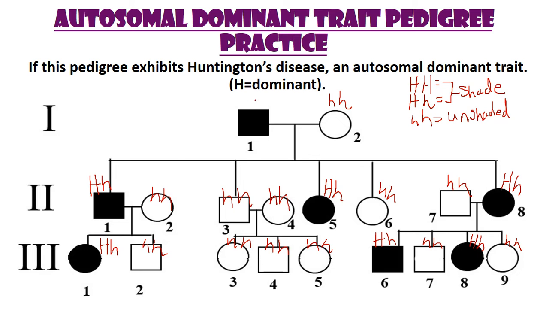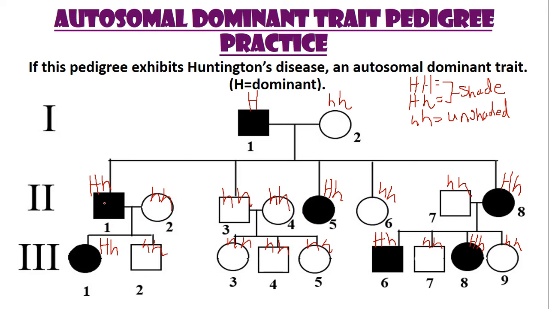All right, let's figure out grandpa up here. Generation 1, individual 1. We know it's a big H. Now we need to figure out, is grandpa big H, big H, or is he big H, little h? The only way that grandpa here can be big H, big H is if all of his children are affected. His children are the people in generation 2 that are individual 1, 3, 5, 6, and 8.